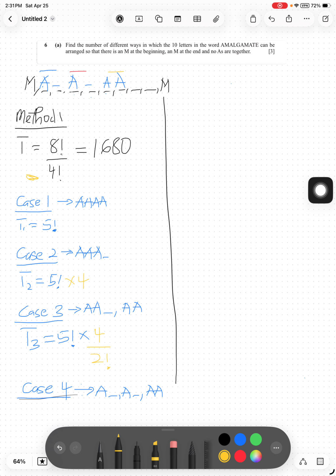Let's see, we have its current position as 1, this position as 2, right? Then this position as 3, that as 4, and this as 5. Okay, so that gives us 5 factorial in this case.